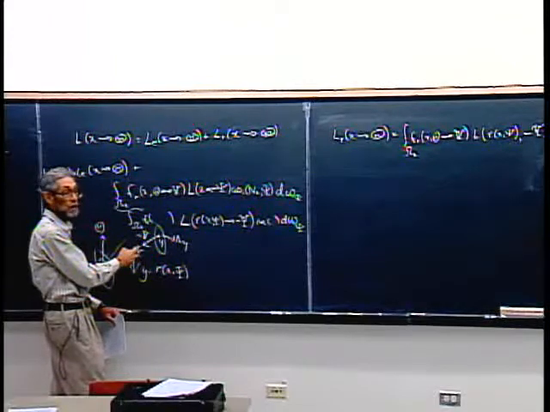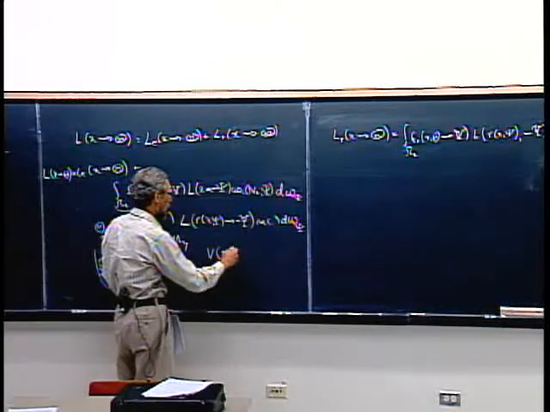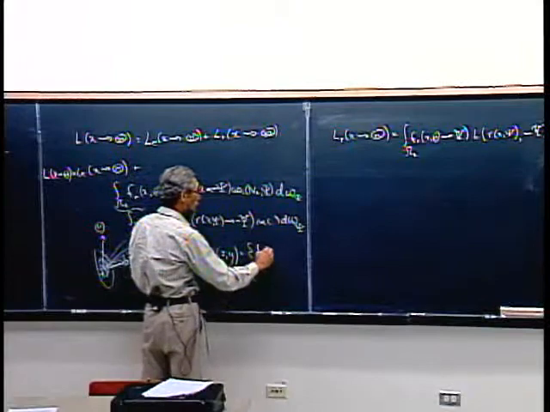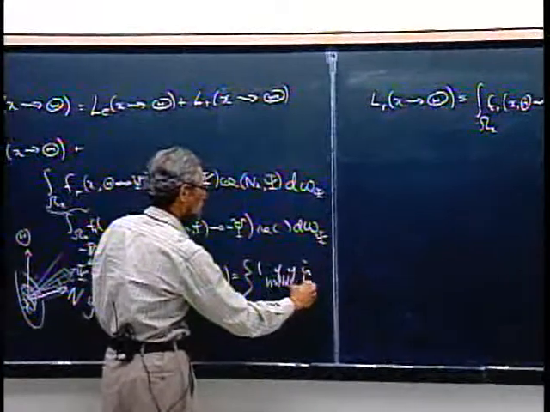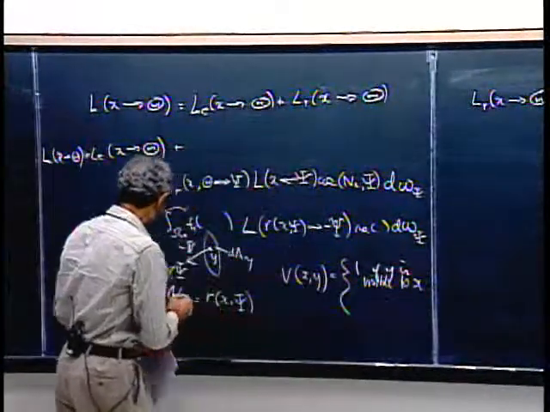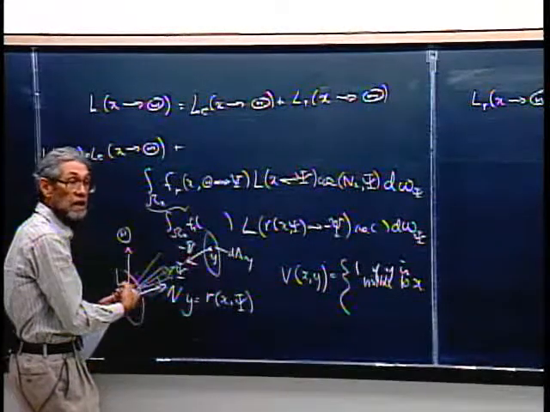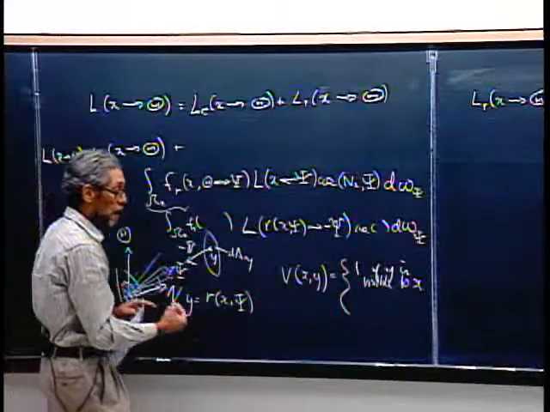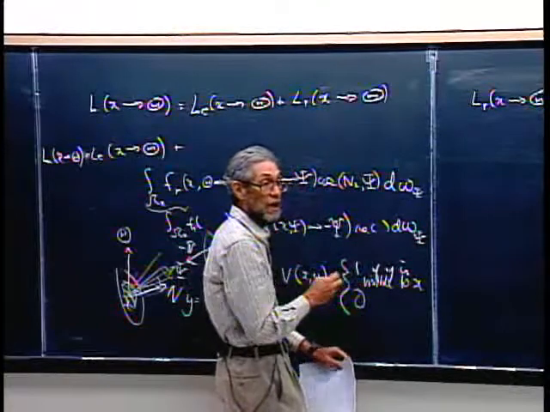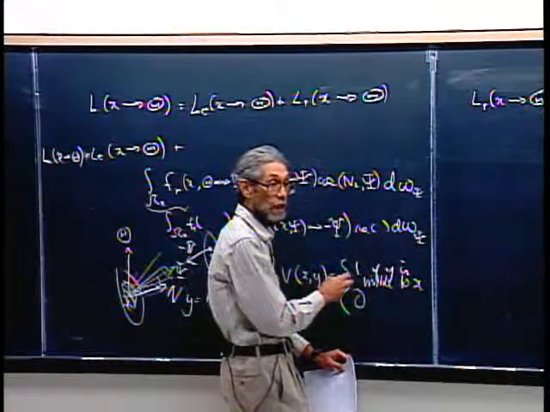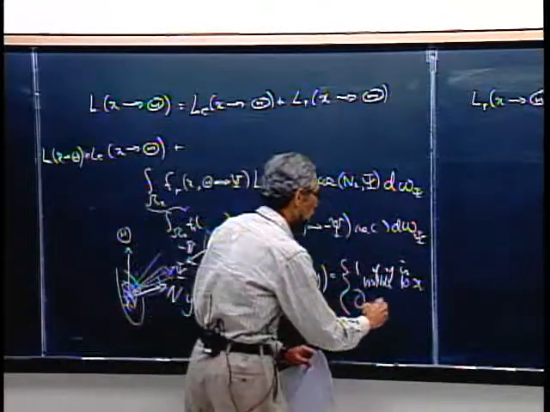There may be something in between. So the visibility between X and Y is 1 if Y is visible to X. That means if a ray between X and Y doesn't intersect any other intervening object along the way, and 0 otherwise. If that ray, that's like a shadow ray, sort of a test ray, does intersect something before it gets to Y, in the direction from X to Y, then it's 0.